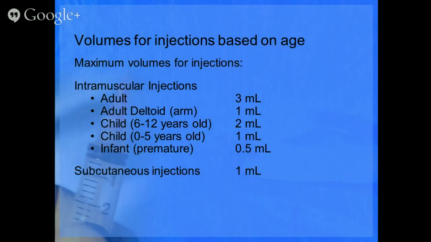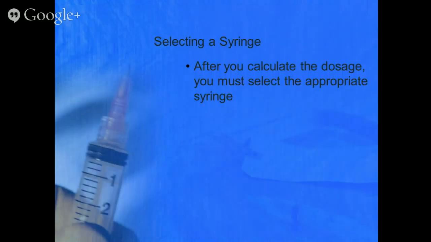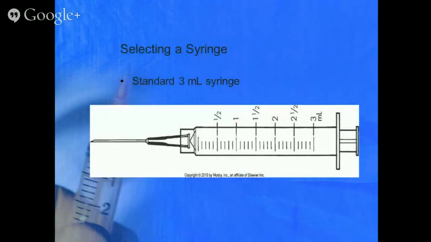After we know how much medication we're giving, we need to select a syringe. So you calculate your dose and then you look for the most appropriate syringe size. They have the 3 ml syringe here, where you can see the half lines are pretty easy to see. It's pretty easy to do a whole ml.